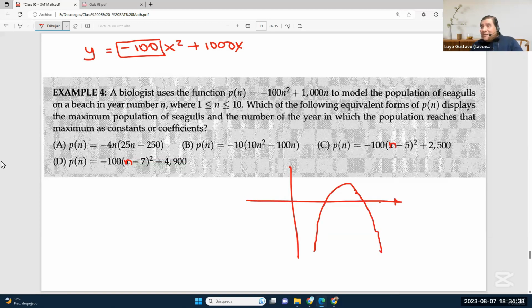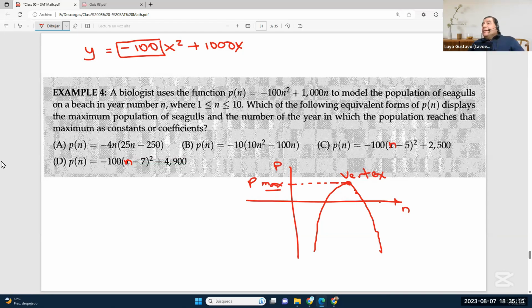Okay, it doesn't really look like a parabola, but imagine that this is the vertex. So it's an inverted parabola because of the coefficient of the quadratic term. And so the vertex in this parabola actually represents a maximum value for, in this case, P, and this is n. So we are trying to find this maximum population or maximum value of P, exactly the vertical coordinate of the vertex.